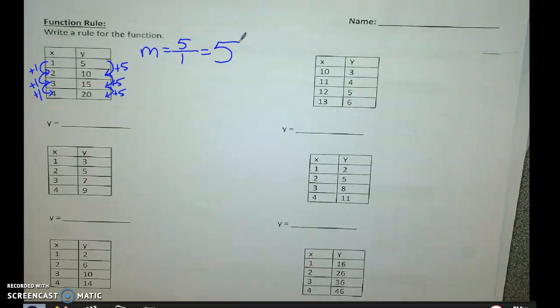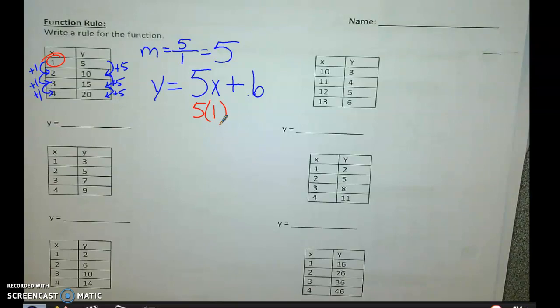So now thinking about our equation, y equals mx. Well, I know m is 5. Then do we need a b? Not sure yet. Let's test it. If I take that 1 and put it in, we have 5 times 1, which is 5.